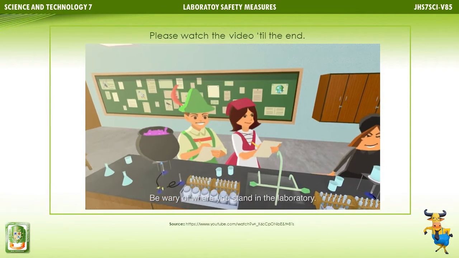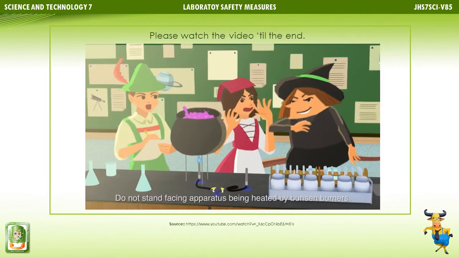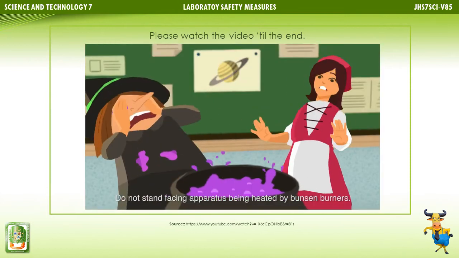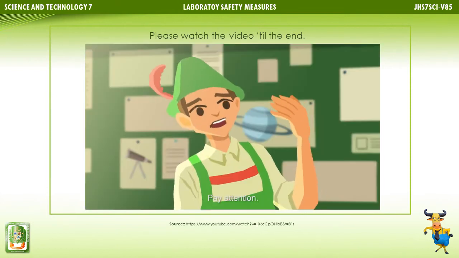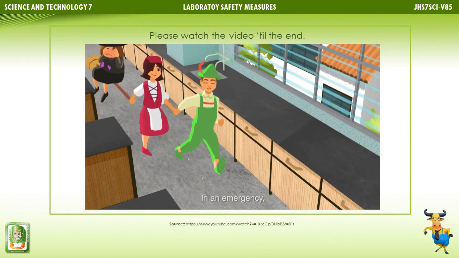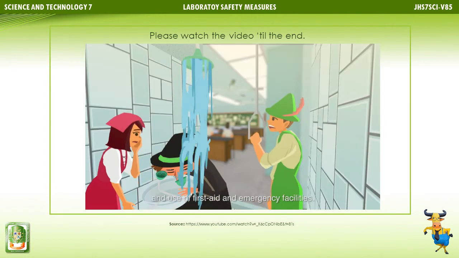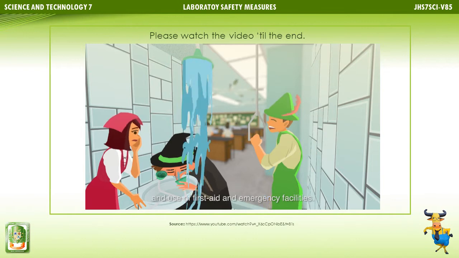Be mindful of where you stand in the laboratory. Do not stand facing apparatus being heated by Bunsen burners. Pay attention. In an emergency, you must be aware of the location and use of first aid and emergency facilities.